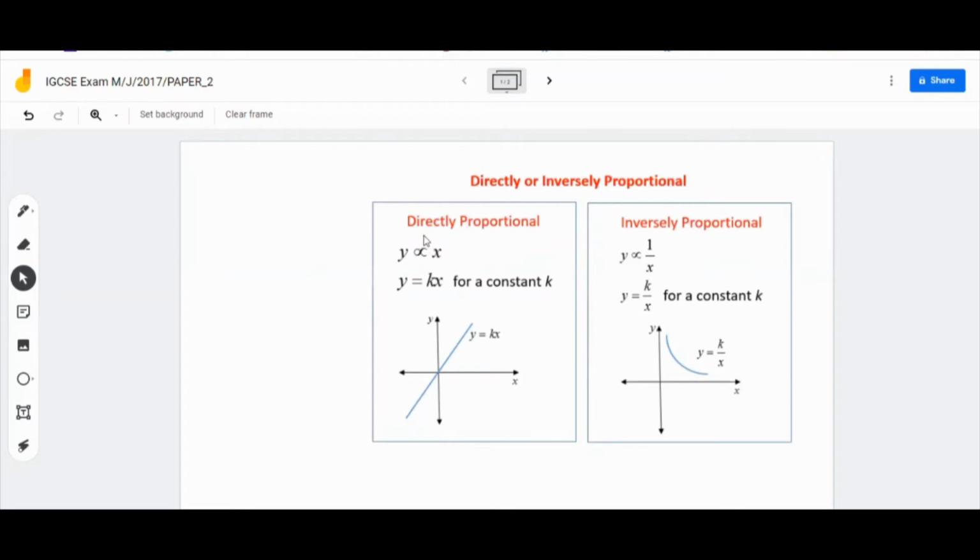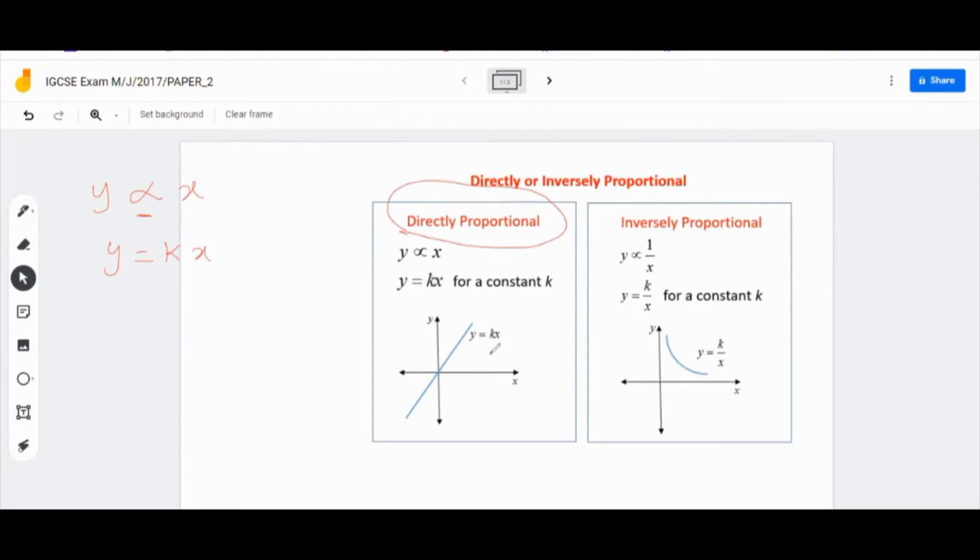If they say directly proportional, it means y is proportional to x. When I switch this symbol, I need to write y equals k times x, because directly proportional means it can be kx for some constant k.